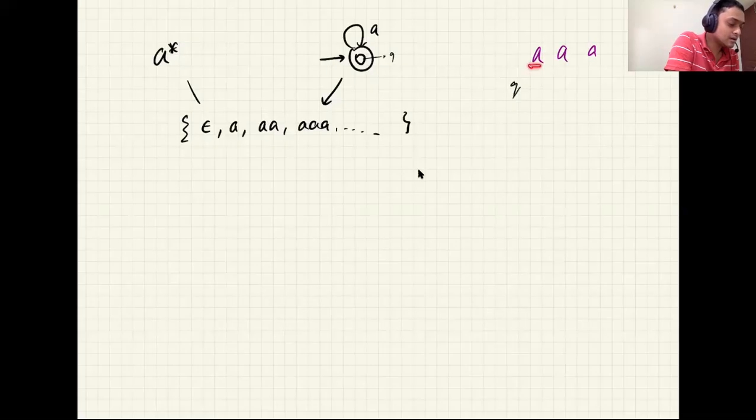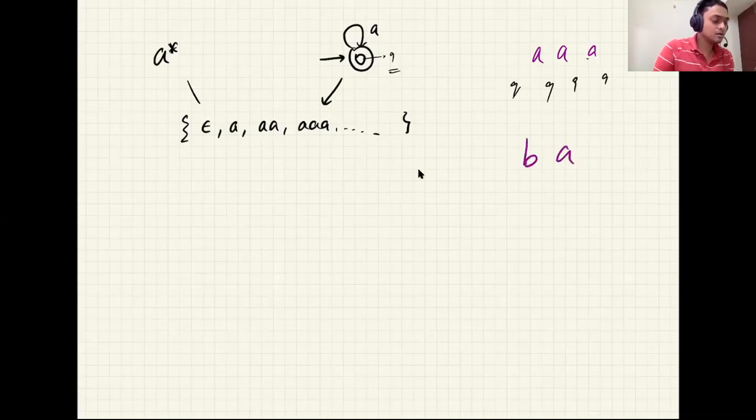It reads a, and then it comes back to q. Once again it reads a, comes back to q, reads a, and comes back to q. Finally, as was pointed out, you end in a state which is a double circle, which means you can accept this word. Now suppose I take ba. Starting from here, there is no way to read the b.